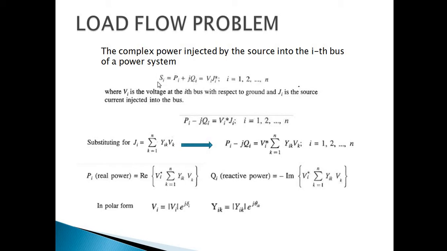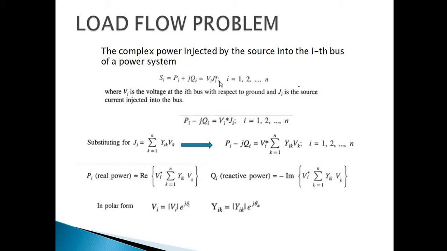The total apparent power transfer S at node 1 would be equal to the complex sum of the real and reactive power. Now this total apparent power is given by the product of the voltage at the node and the complex conjugate of the current injected in the node.